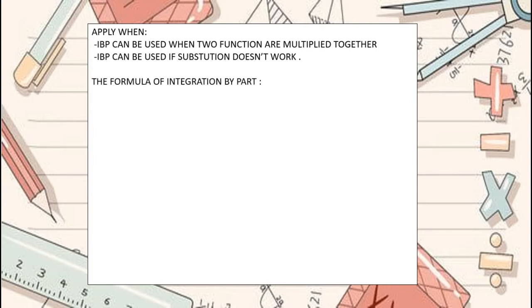The formula of integration by parts can be obtained as the integral of f(x) g'(x) equals f(x) g(x) minus the integral of f'(x) g(x). But we usually write the formula using the following notation.